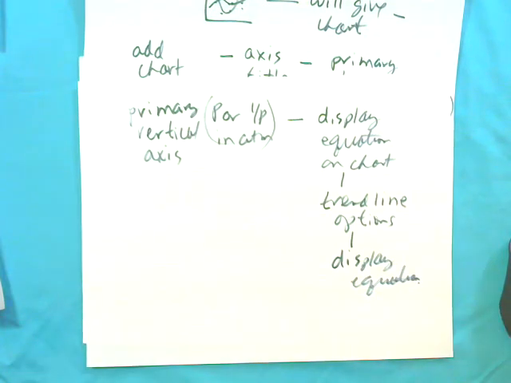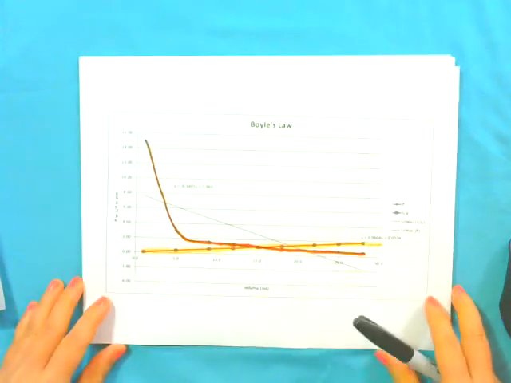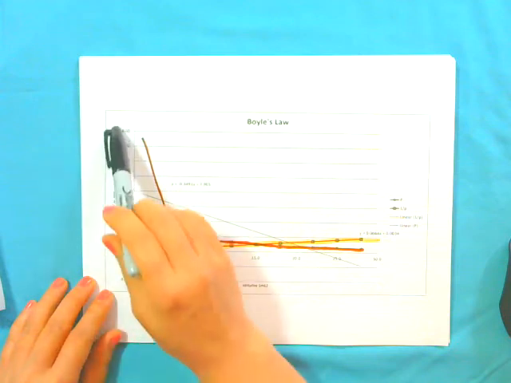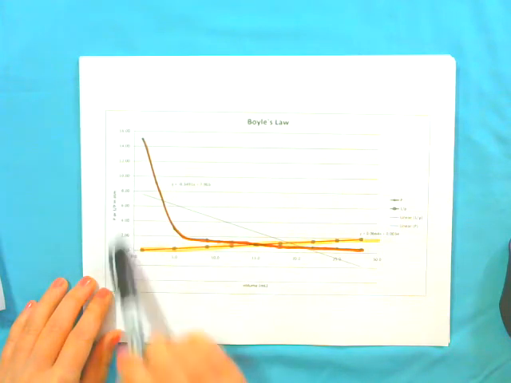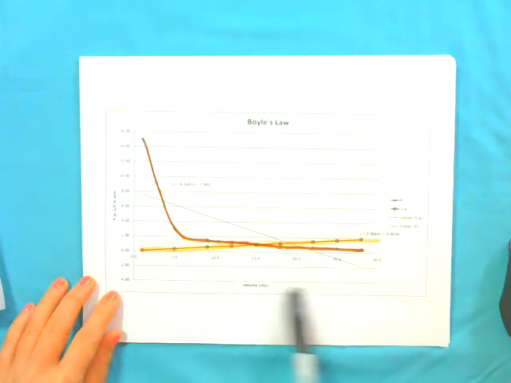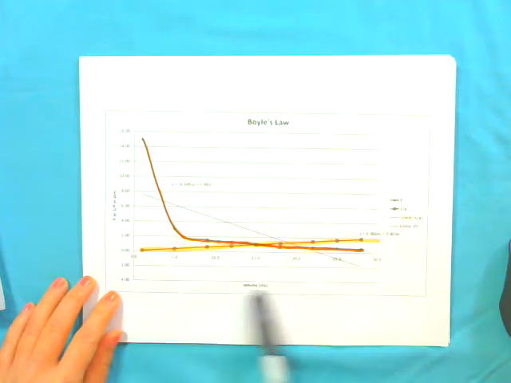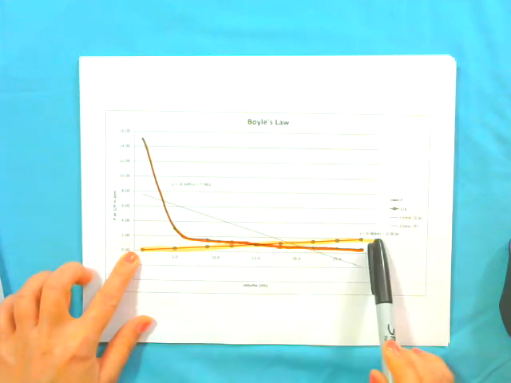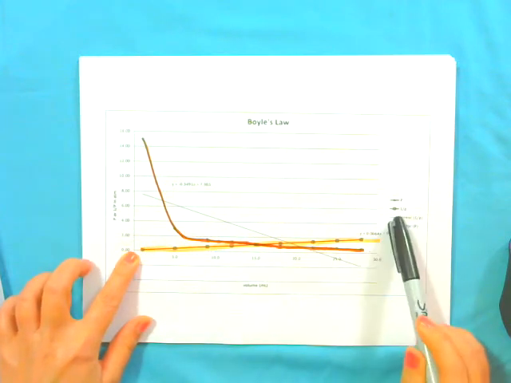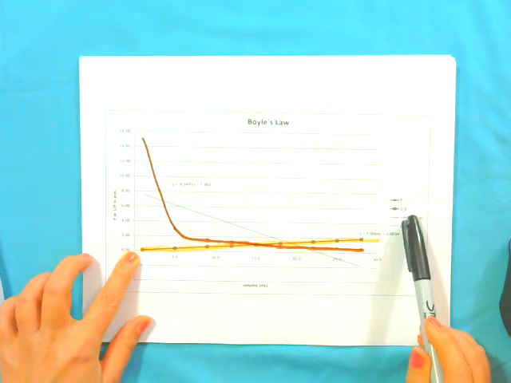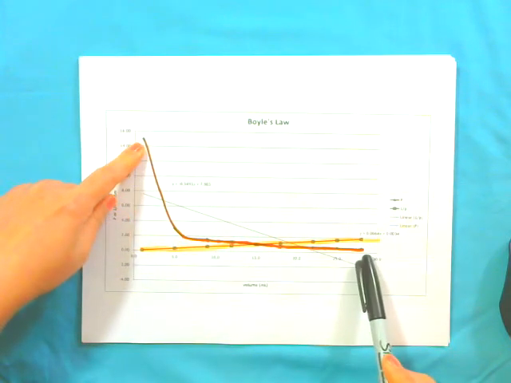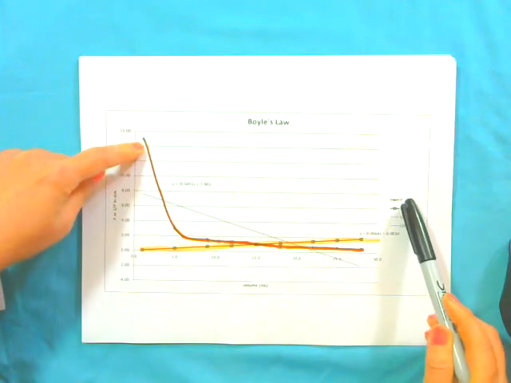Okay, so once you do all of that, what you're going to get is a chart that looks like this. This has pressure or 1 over pressure in atmospheres as the axes, and the other axis is volume in milliliters. The little squares are a plot of 1 over pressure versus volume, and the ones in triangles are pressure versus volume.